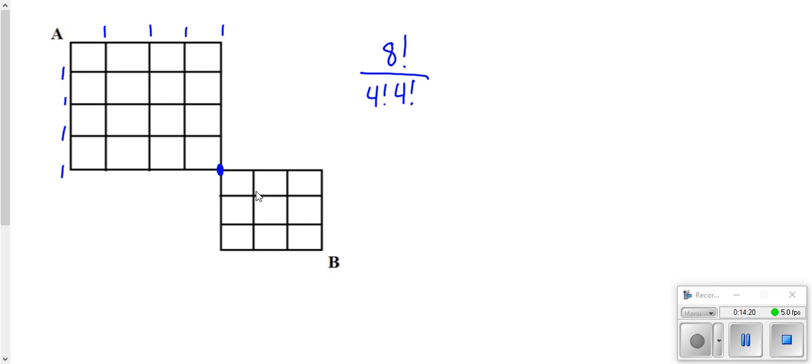To this, I have a second box here, so starting from here, because this answer is going to get me the grand total of getting here, and from here I have 1, 2, 3 ways, 1, 2, 3 ways there, so in total we're going to multiply by 6 factorial over 3 factorial, 3 factorial.